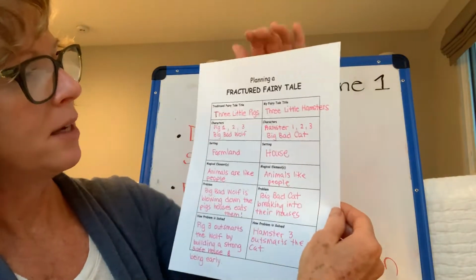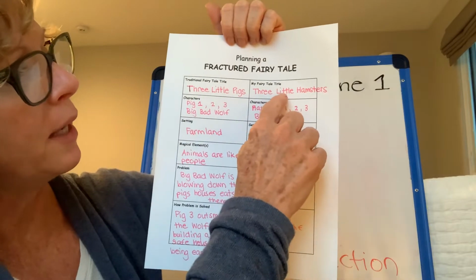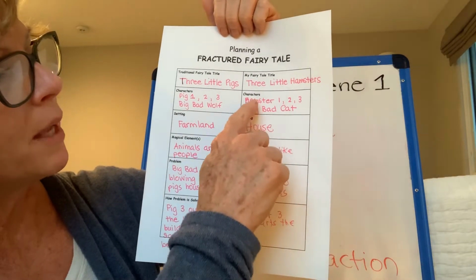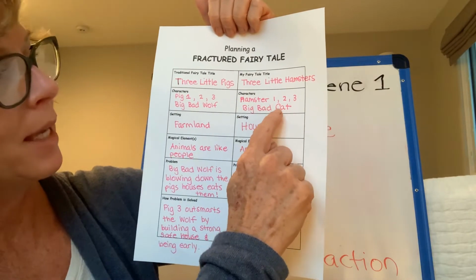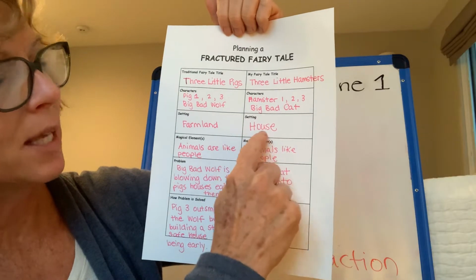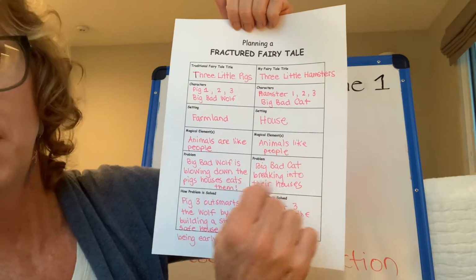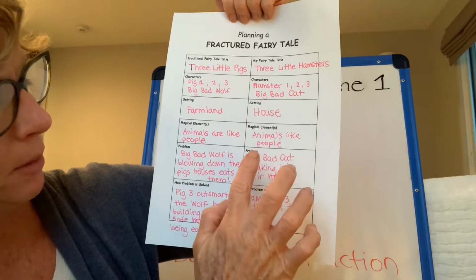In case you have forgotten from the last lesson, I plan to write a fractured tale called The Three Little Hamsters. The characters are hamster 1, 2, and 3, and a big bad cat. The setting takes place in a house, and the animals are going to be like people. They're going to talk and have personalities like people.